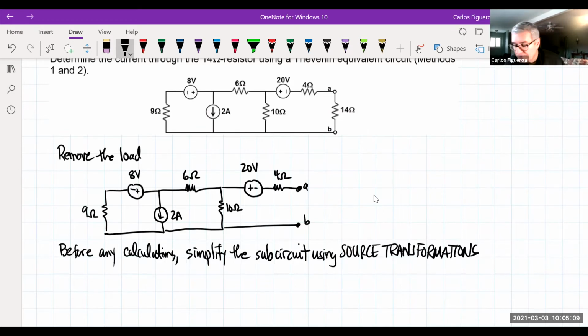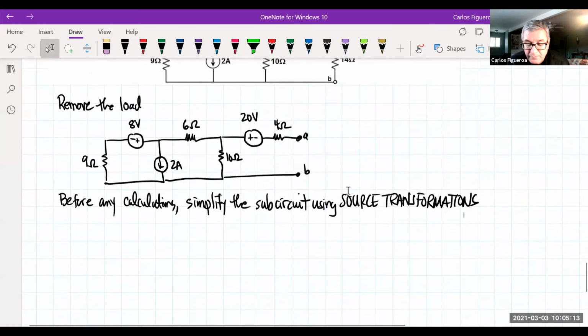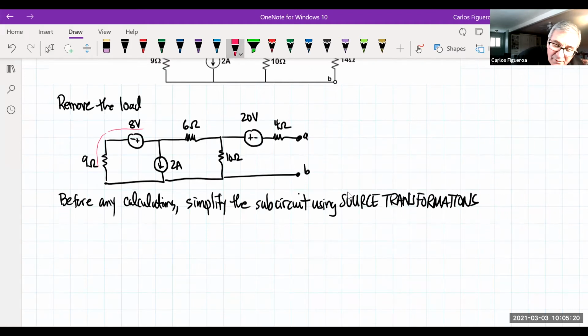And remember, if you find that the source transformations are too much, don't do them. Okay, so the first thing that I'm going to note here is that check this guy out right here. I have a source in series. So if I have a voltage source in series with the resistor, I could do a current to parallel resistor transformation. And so look what I'm going to do.